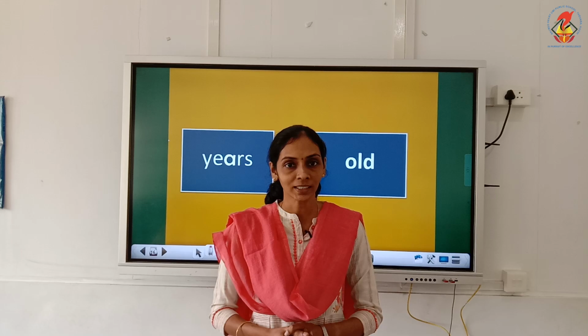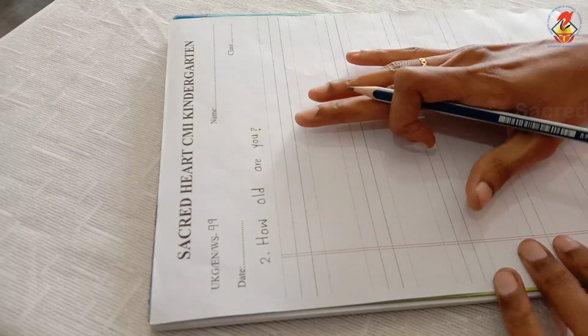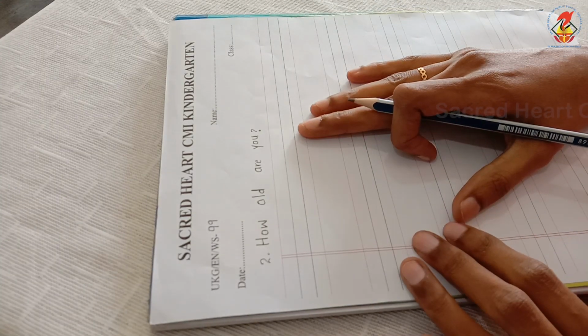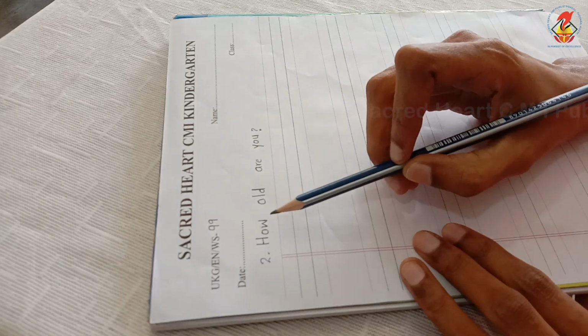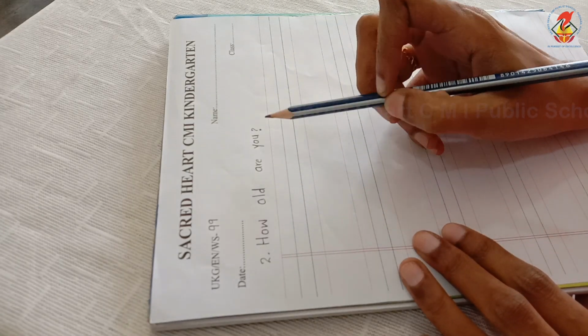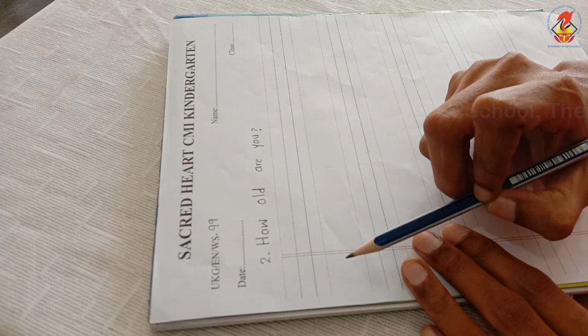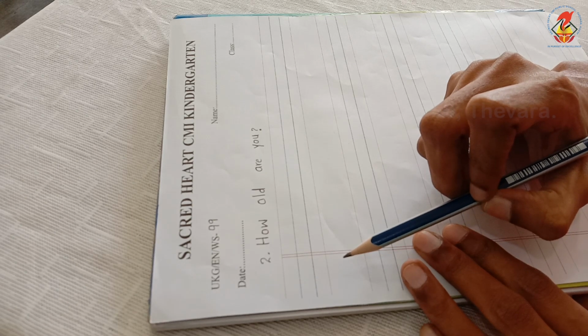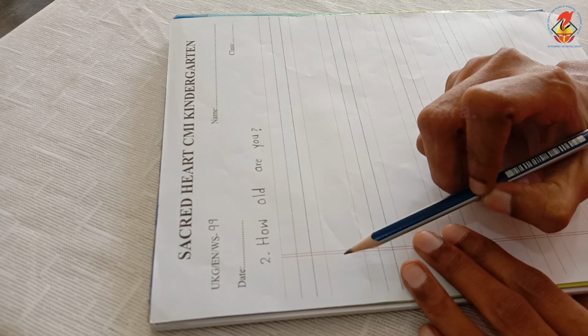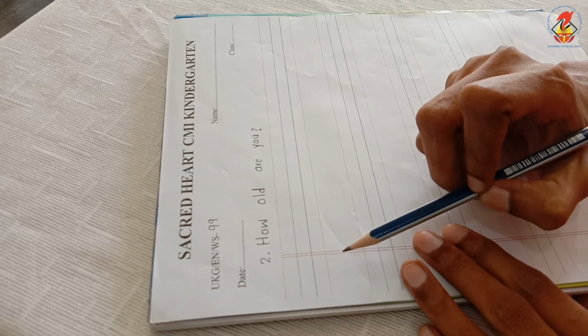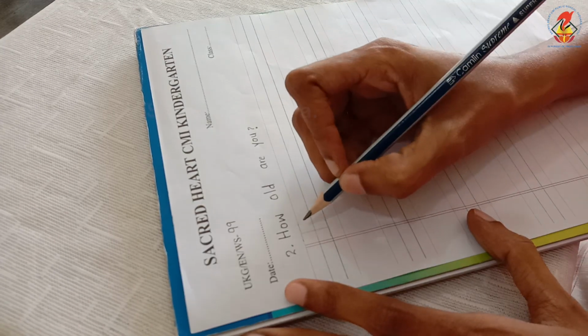So shall we start? Children, this is the 4-line worksheet in which the question says, how old are you? And you have already learned to say, I am 6 years old. So shall we write the sentence?